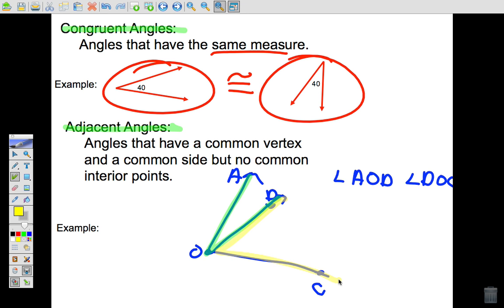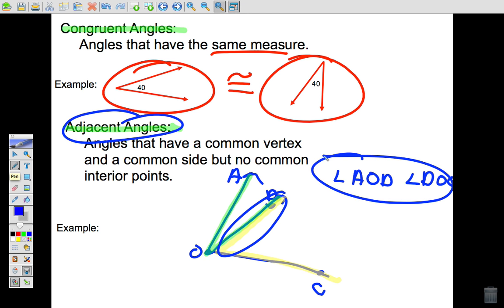Now, which ray is double shaded? You can see that the double shaded one is right in the middle. It's shared. It's right in between the two angles, isn't it? That would make these two angles adjacent. So if that double shaded, or common, ray is in between the two angles, they are adjacent.